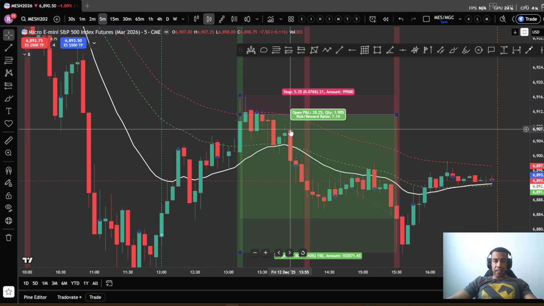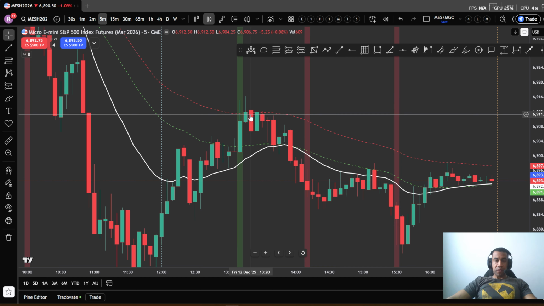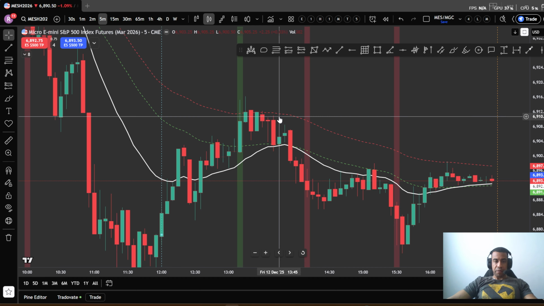So now, let's say after this candle, this candle closed below the EMA 45 low, you move your stop loss to break even, maybe one tick in profit.